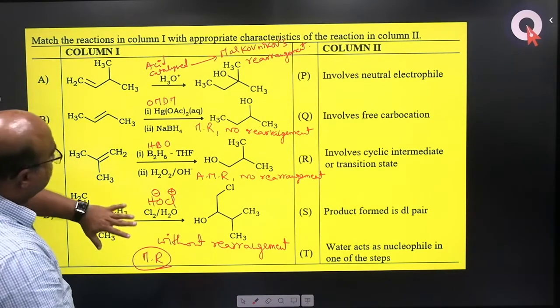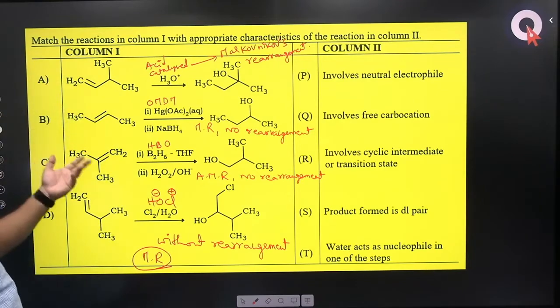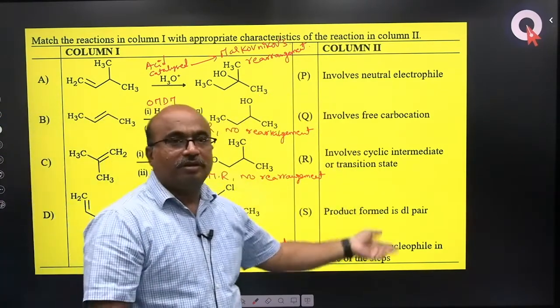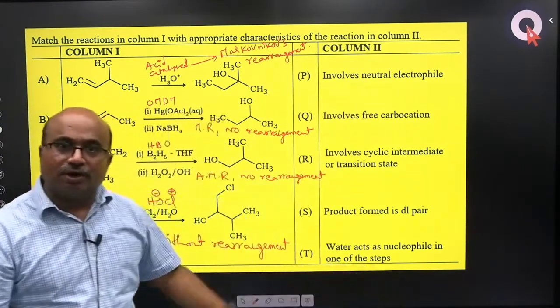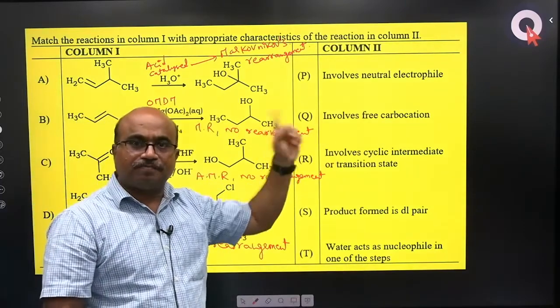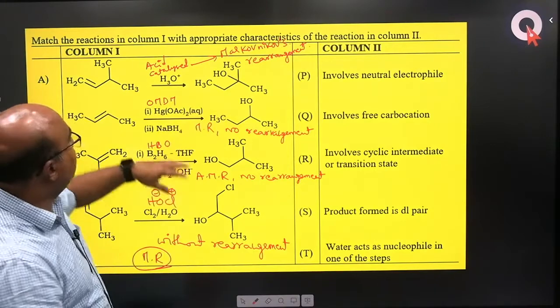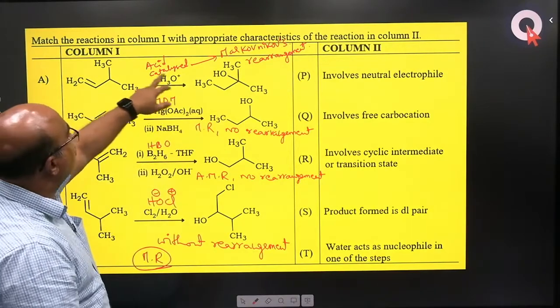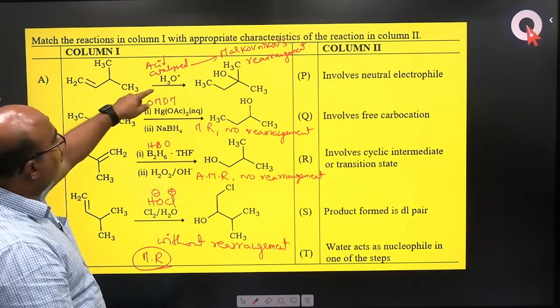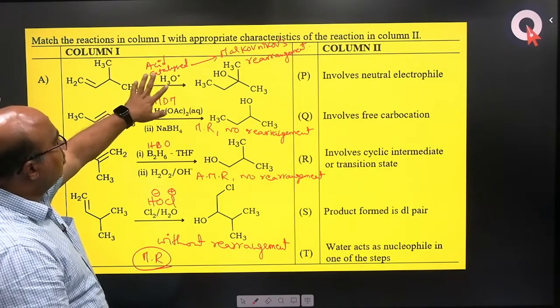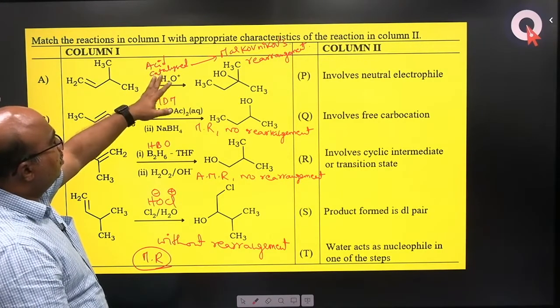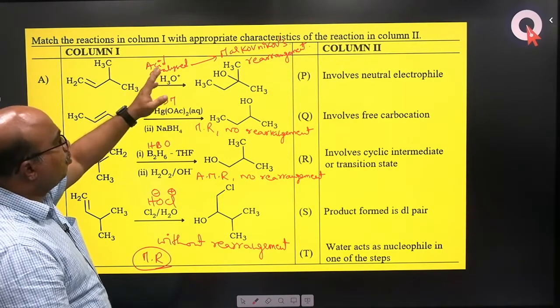So the products that are given, okay, anyhow the basic thing is you have to match with this process. It involves a neutral electrophile. So is there any neutral electrophile in this process? No, because what is your electrophile in this process is H plus acid. Then what is your water is nucleophile there.